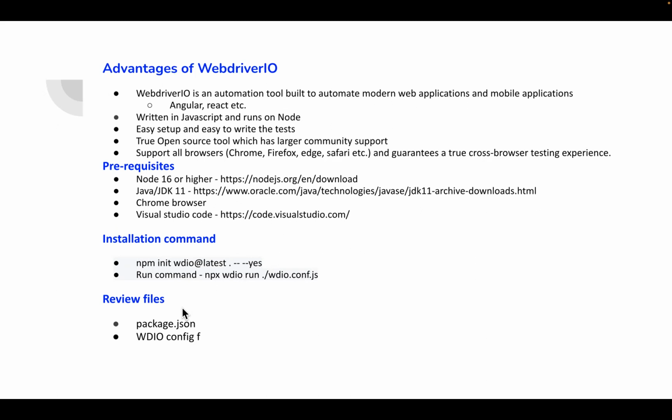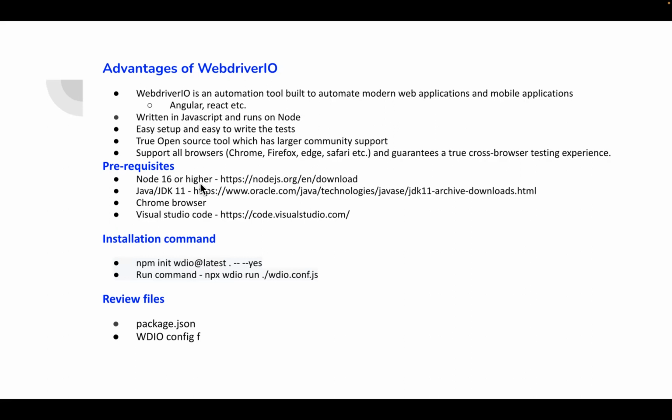And then we are going to review files like package.json and the WDIO configuration file. All right, now let's go to the prerequisites section and start installing one by one.